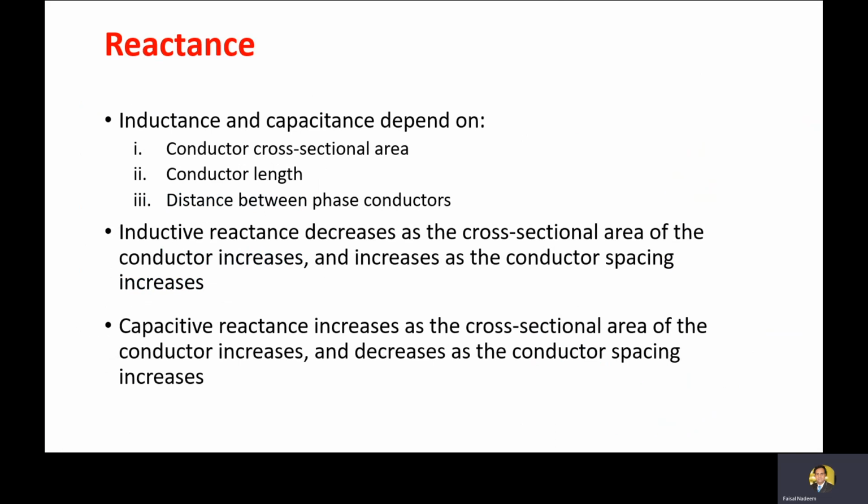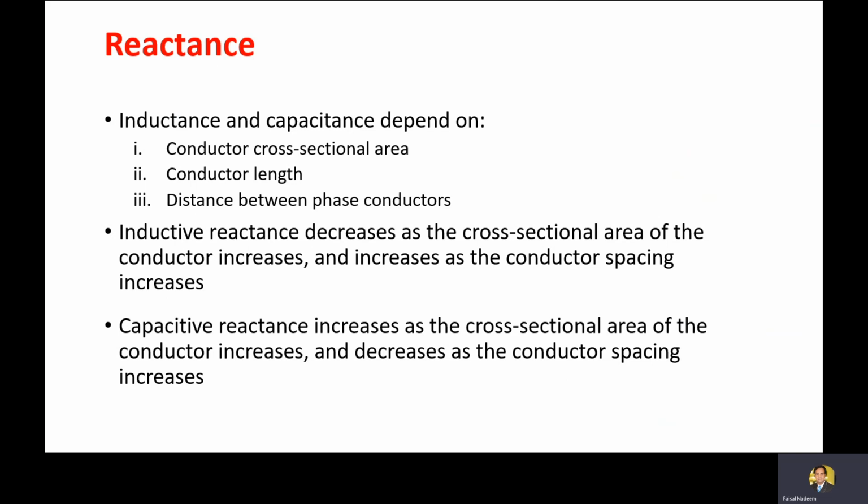Now, a few more things about inductive and capacitive reactance. Inductive and capacitive reactance depend again upon the conductor cross-sectional area, conductor length, and distance between the phase conductors. The distance between the phase conductors is a more important point here.